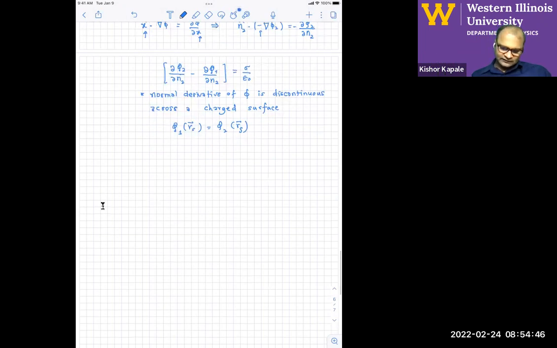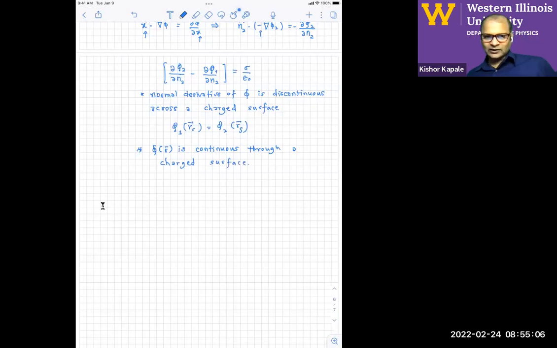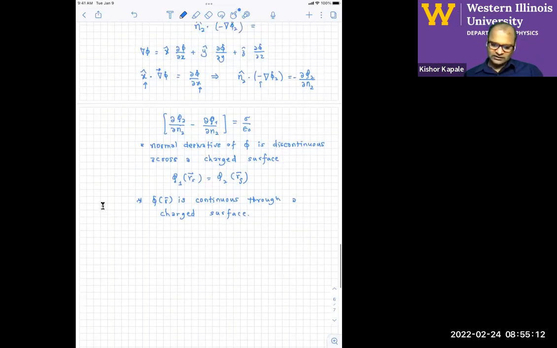So that means phi is continuous through a charged surface. And that is, of course, valid at all points along the space, along the charge density sigma of S.